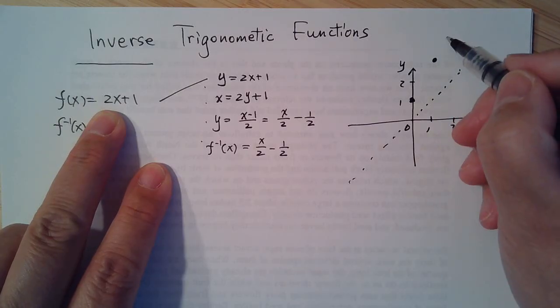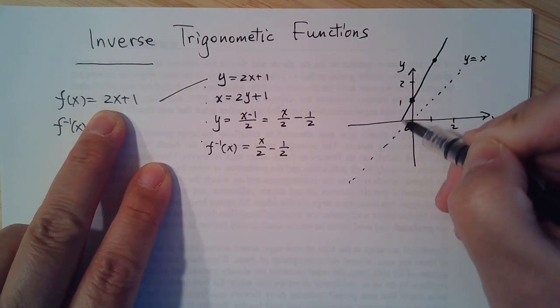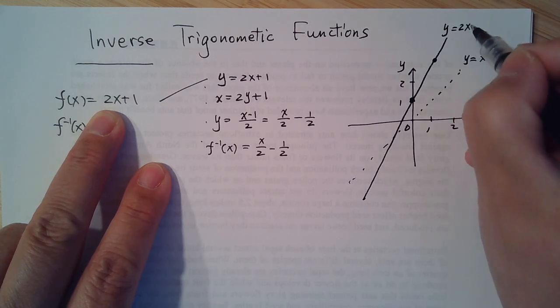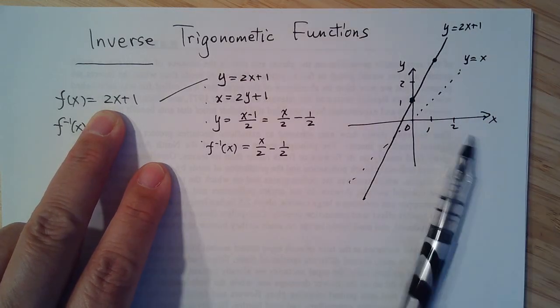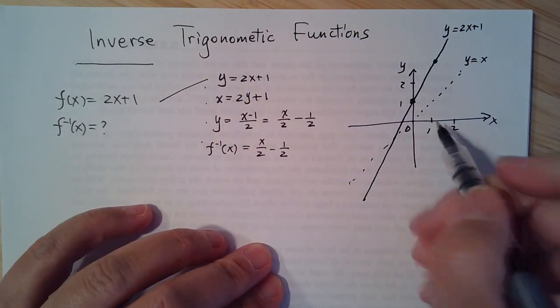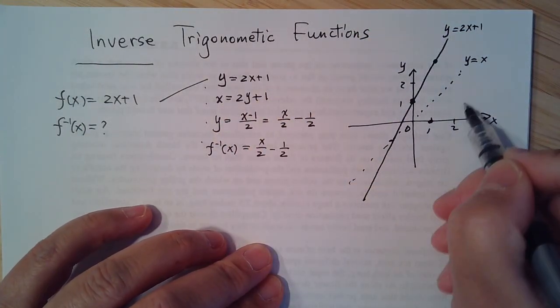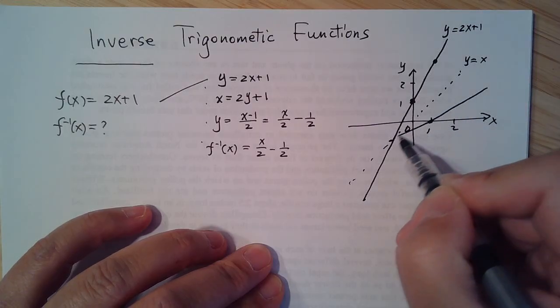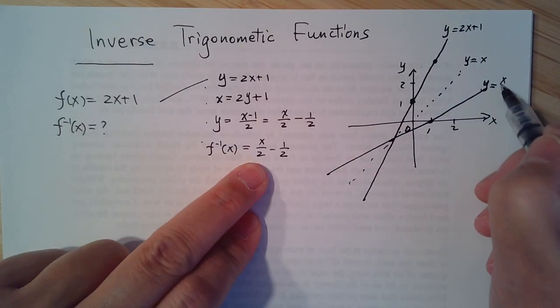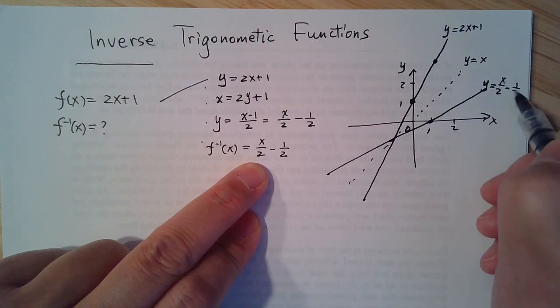So you can graph this: y equals 2x plus 1. And if you flip this along this 45-degree line, then you get this, and this is y equals x over 2 minus 1/2.